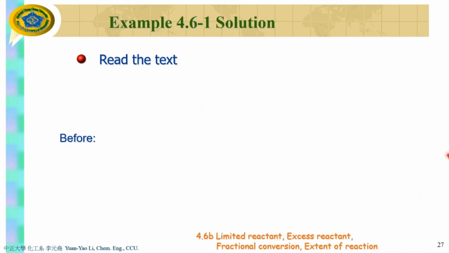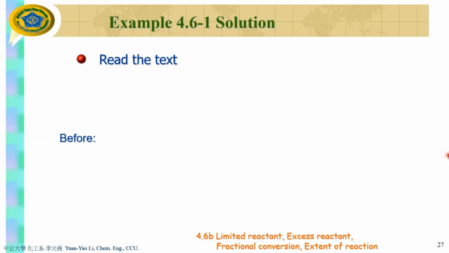Right, so now please have your text with you, and I want to go through this example with you together. If you have a book, it is on page 112, example 4.6-1.